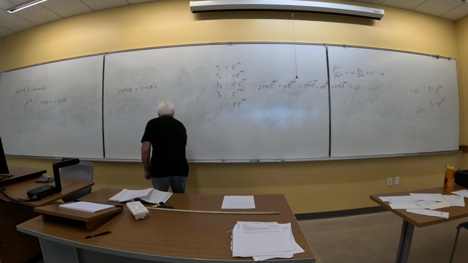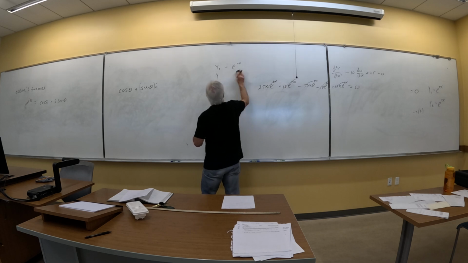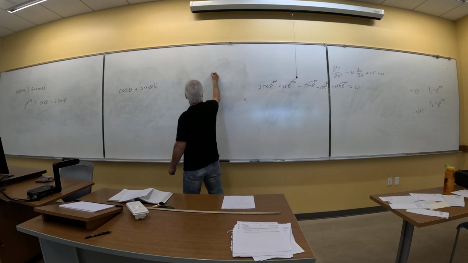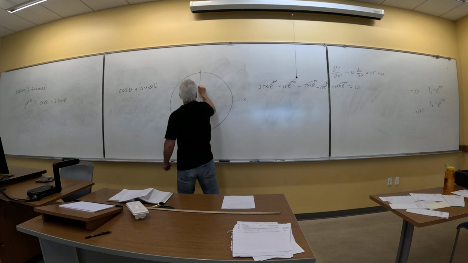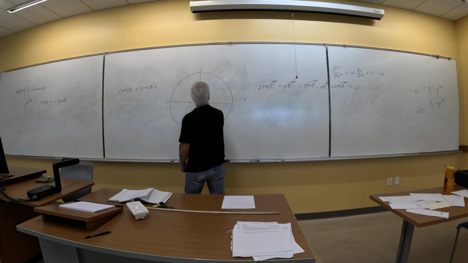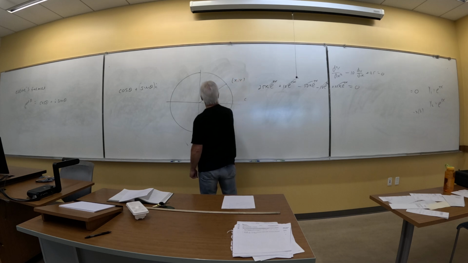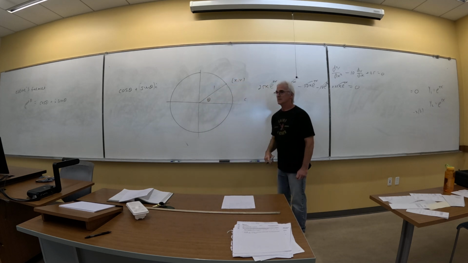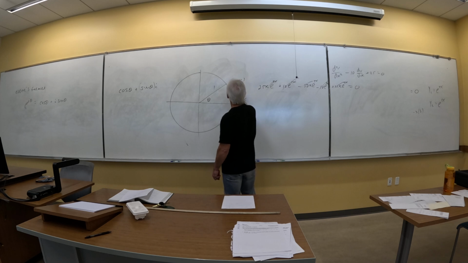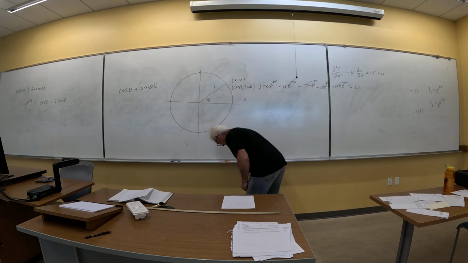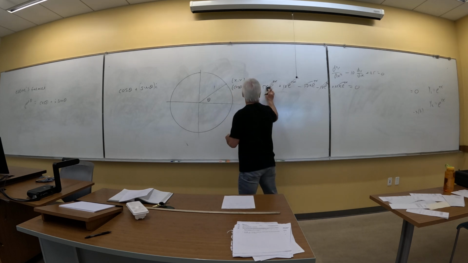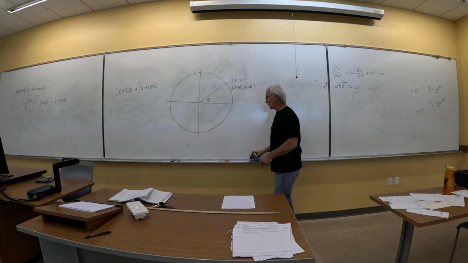Where does that apply? That applies on the unit complex circle, the circle of radius 1. Well, I know that ordered pair is cos theta comma sine theta, correct? Why? Because it's a unit circle. That's the ordered pair.